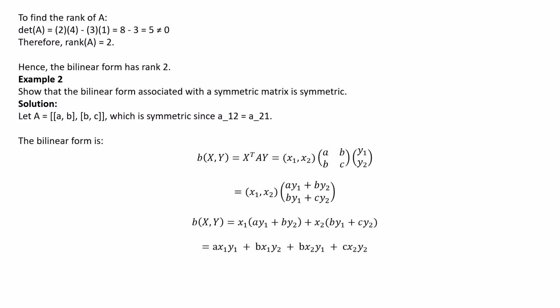The next step is to multiply your x transpose by the product Ay. When you open the bracket, you will have x1 of Ay1 plus By2, plus x2 of By1 plus Cy2.